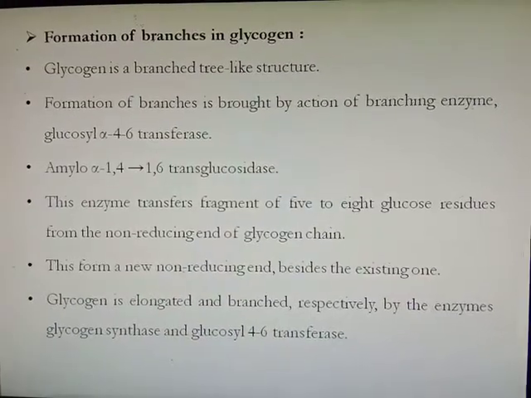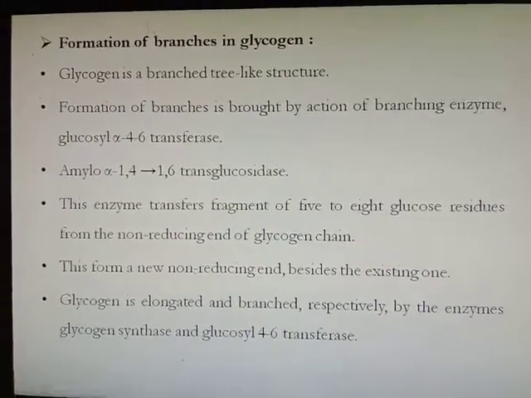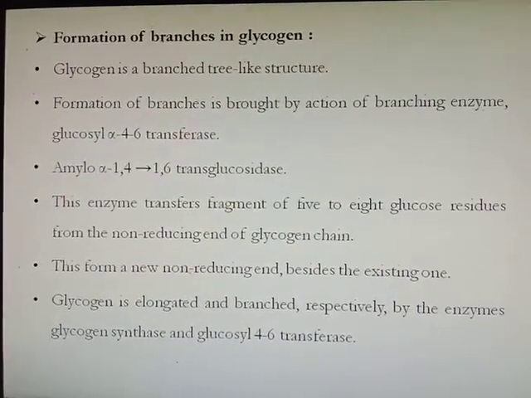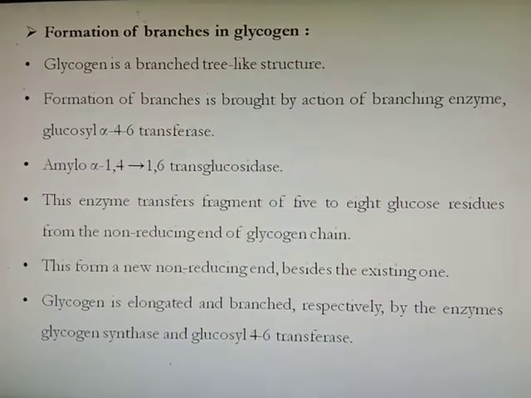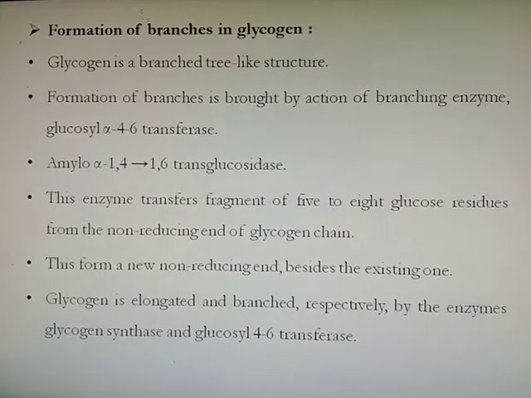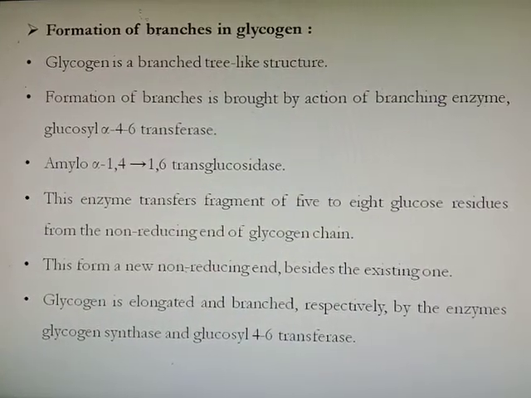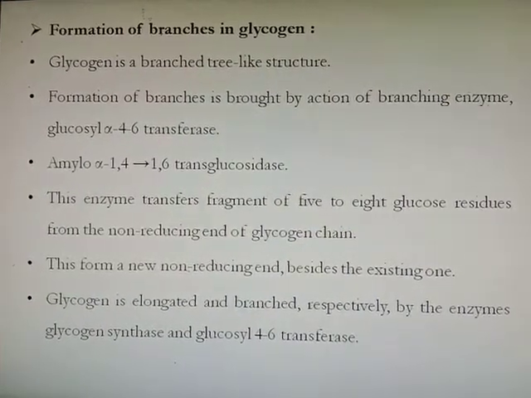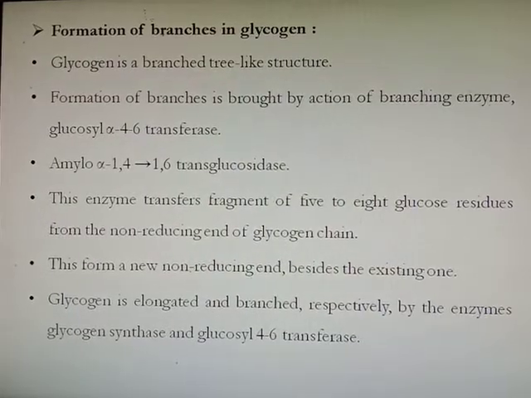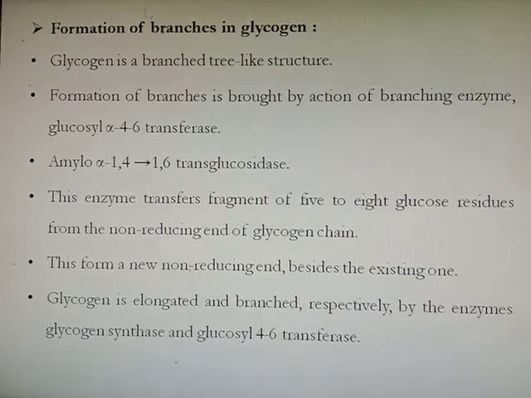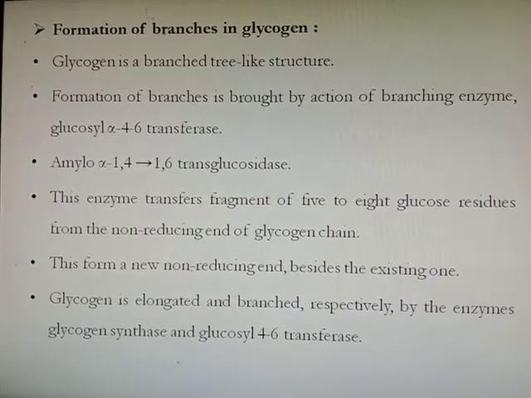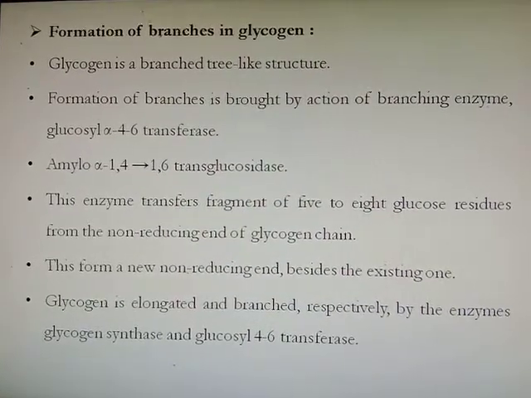Formation of branches in glycogen. Glycogen synthase will only form the alpha-1,4 bond, which gives the linear structure, but glycogen is a branched, tree-like structure. The formation of branches is brought about by the action of a branching enzyme called glucosyl alpha-4,6 transferase. It is also called amylo alpha-1,4 transglucosidase.